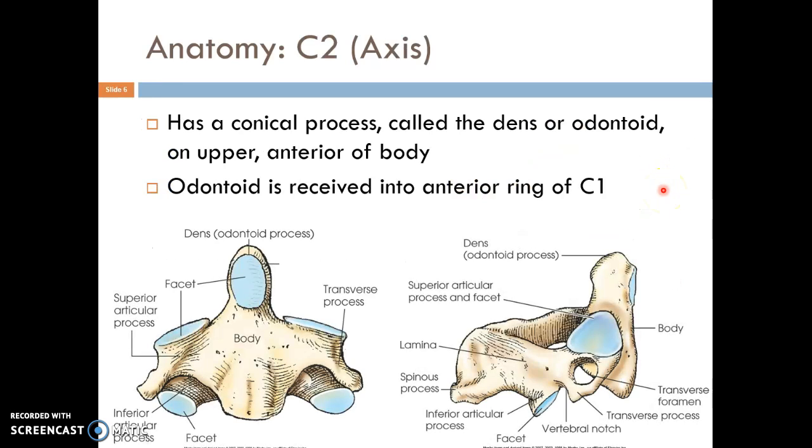C2 is the axis. It has a conical process called the dens, also known as the odontoid. It is on the upper anterior portion of the vertebral body, in which C1 sits on top of C2 at the odontoid.